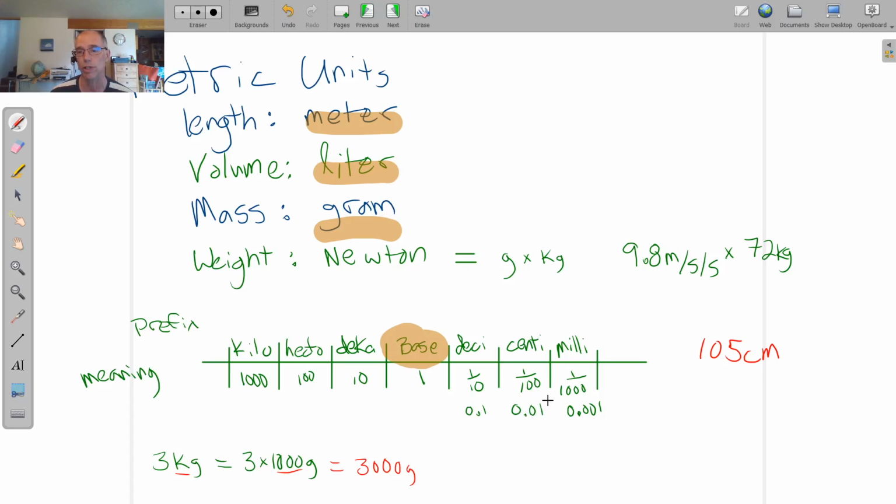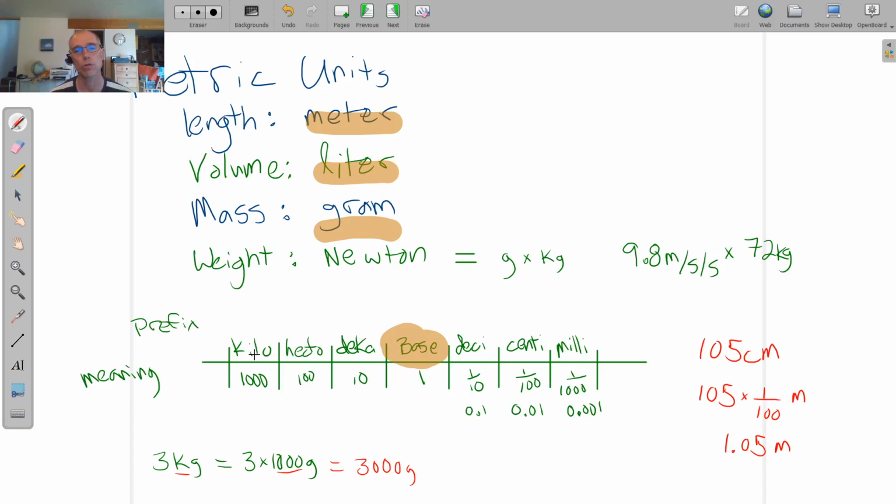So I could rewrite this as 105, replace the centi with 1/100th in either the decimal or the fraction form, whichever you like, and the meter is left behind. 100 goes into 105 1.05 times, so that means 105 centimeters is 1.05 meters.